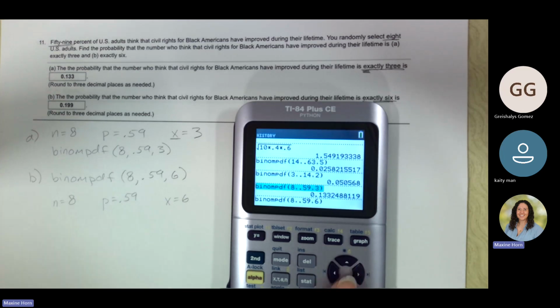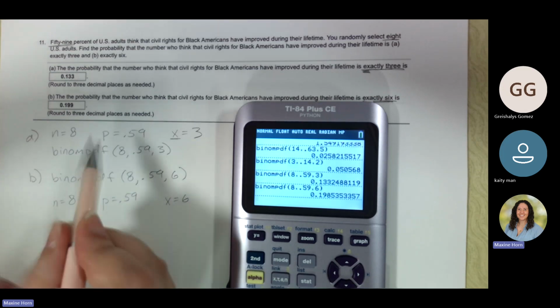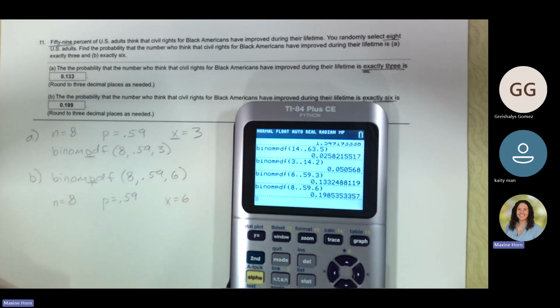Once I was on it, I hit enter, and that pasted it down at the bottom for me to adjust before hitting enter. So keep in mind that's something you can do if you want to save yourself even more clicks. But if that's too many things to remember, that's fine too. You can always go back into second vars and then arrow down or up or use the alpha to get to binom PDF. And again, it's PDF because this is the exact number of successes.